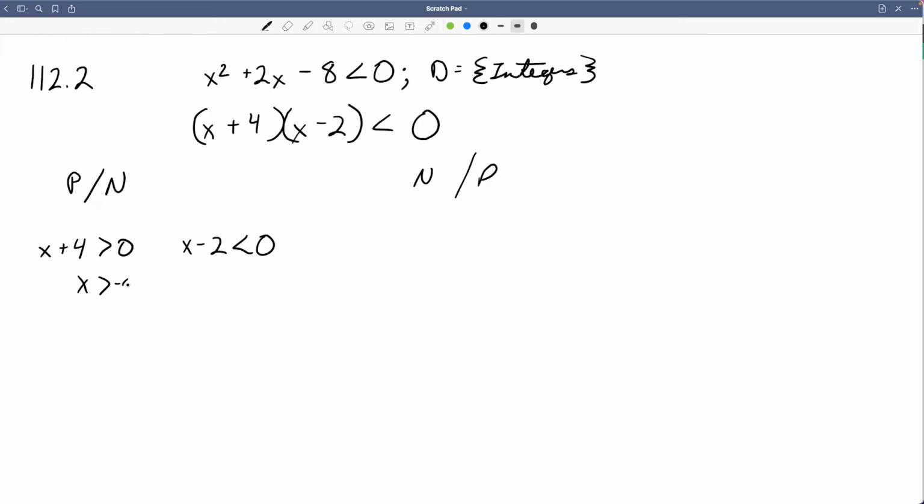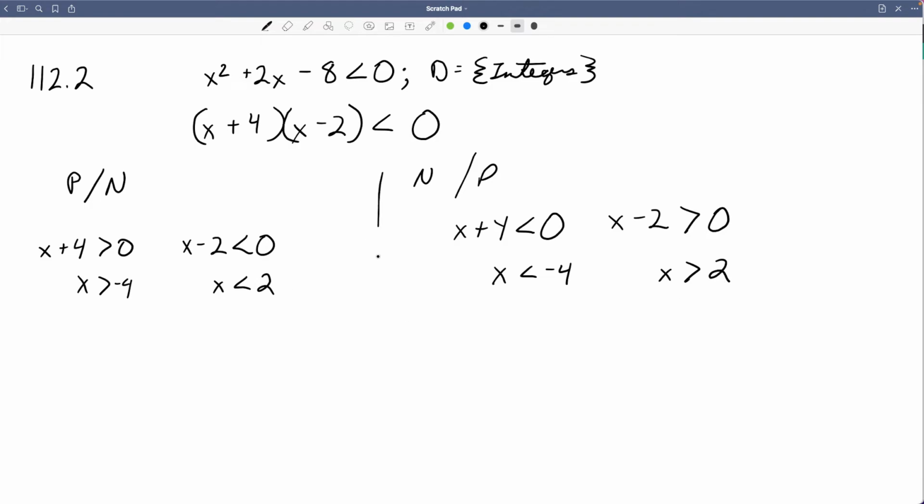X is greater than negative 4, and x is less than a positive 2. Now my negative, positive would be x plus 4 less than 0, and x minus 2 greater than 0. So x would be less than a negative 4, and x would be greater than a positive 2. Now let's evaluate these two sets.